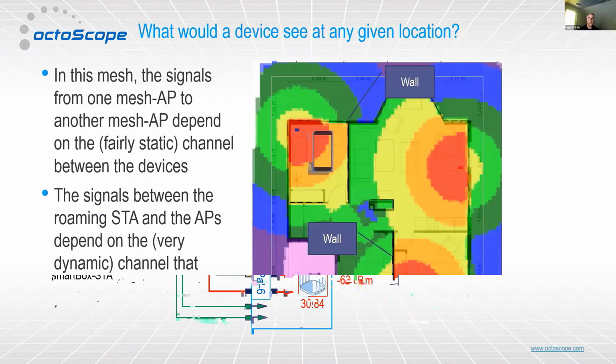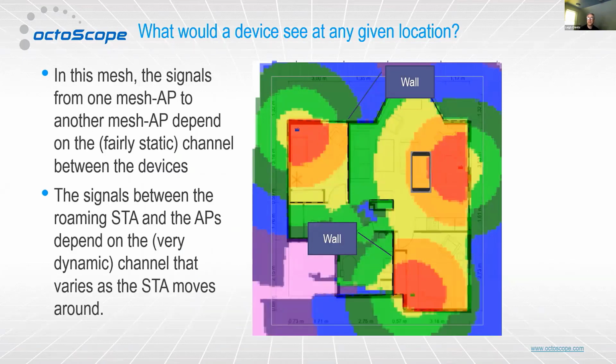Okay, and so to finish this up, the question is, how does this mesh perform? A device will move around, and it will be much more active. When we set up these links that we just talked about, they're sort of static because the mesh devices typically are not moving.